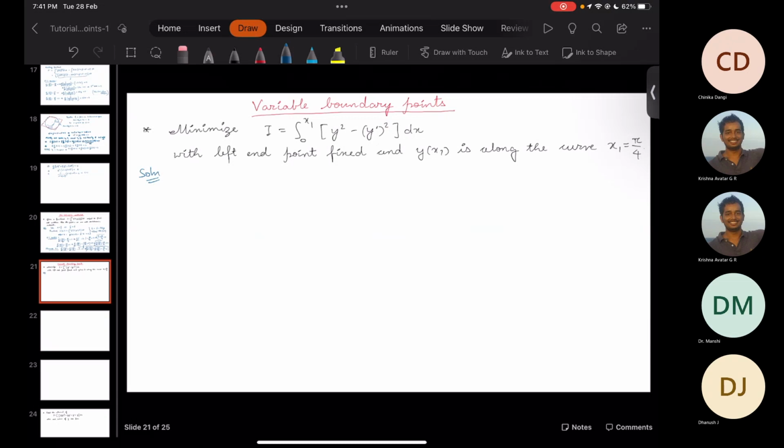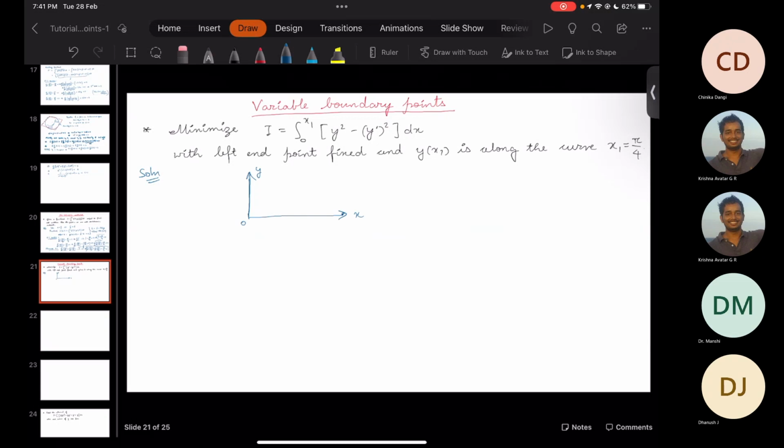Let me just make a diagram here for the schematic of the problem. So we have this rectangular axis or Cartesian coordinate system here, and say at x is equal to 0. So this is the x is equal to 0 line. These are origin x, y.